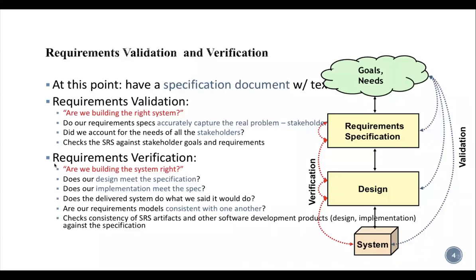So at this point, what we actually have done so far is, we did the elicitation, we did the analysis, we do have a specification document and text, just textual information along with the modeling techniques. All of this information is just stored in a specification document. Along the way, we identified all the goals and the needs of stakeholders.